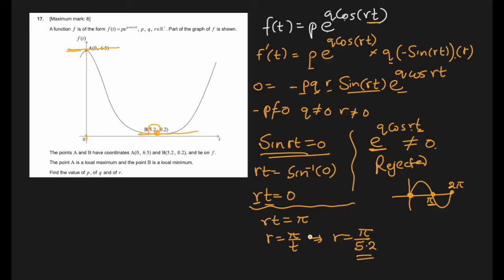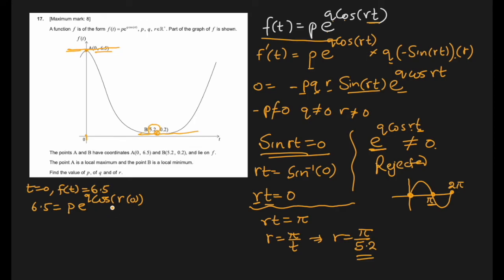Let's see. If we substitute this value, when T is 0, Ft is 6.5. Let's substitute it in the main equation here. So 6.5 is Ft equal to P e to the power Q cos R times 0.